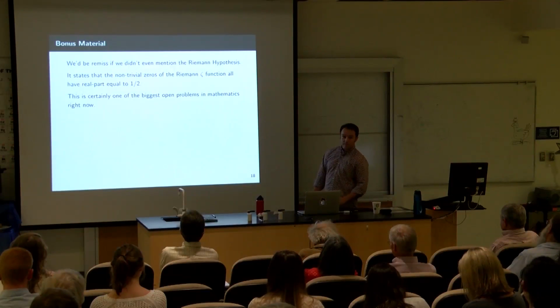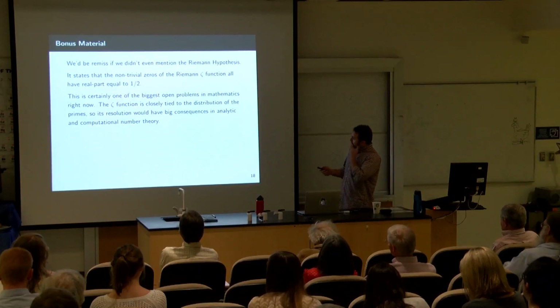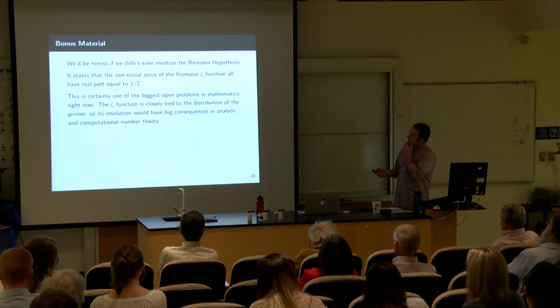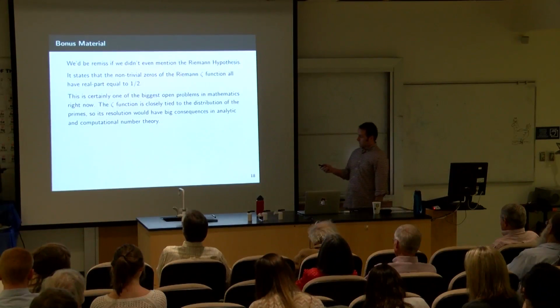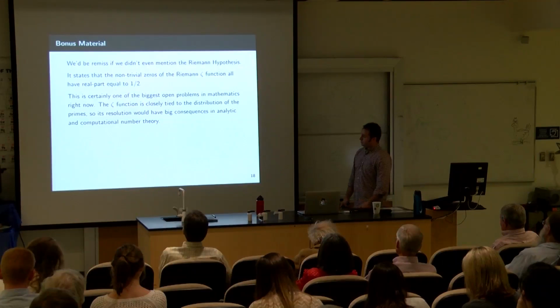If you can prove this, you will get eternal fame and $1 million, I think. It's one of these $1 million problems. This is a huge open problem. It has lots of applications in number theory, analytic and computational. I'm biased because I study analytic and computational number theory, but it has applications in many other areas of math too.